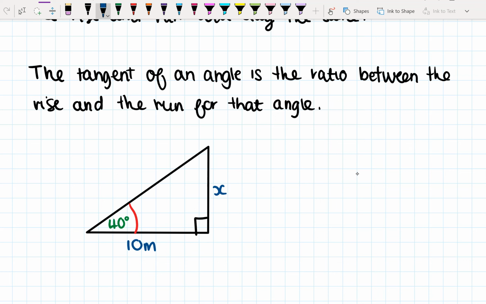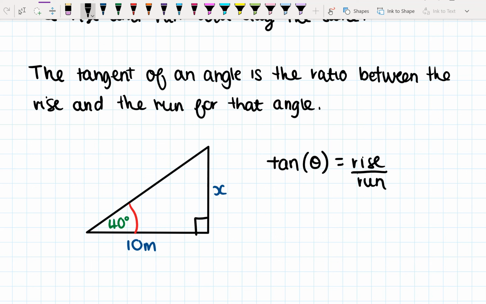Now the ratio between the x and the 10 will always be the same for that angle of 40 degrees. So what we can do here is we can write the tan, or the tangent, we write it in short form as tan, of theta is equal to the rise over the run. This is our standard formula for tan, for tangent. So the tan of theta is equal to the rise over the run.